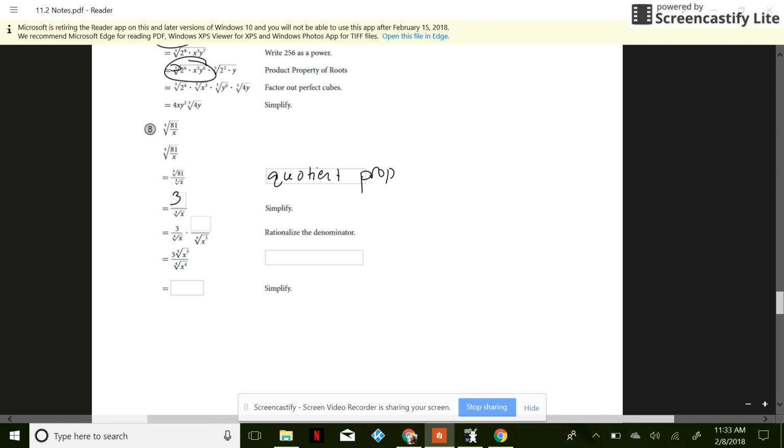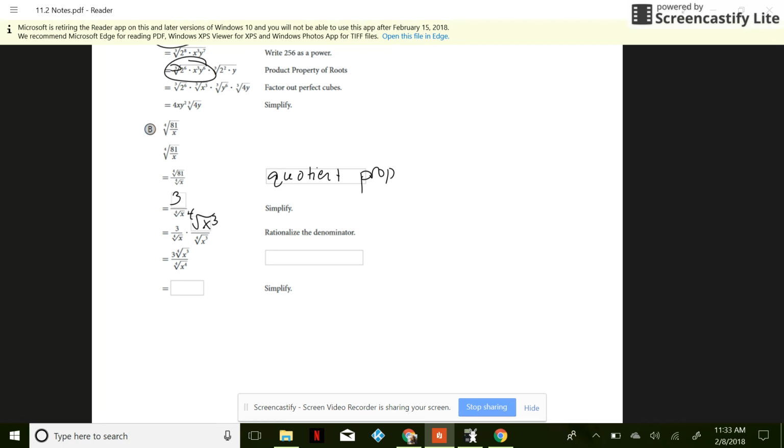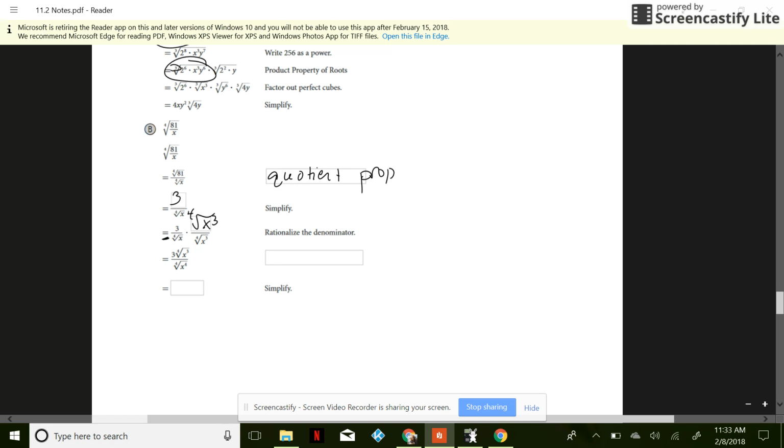Now, we're going to be doing some rationalizing of the denominator. So when you rationalize the denominator, the key thing you're looking for, you want to multiply by something that will have a power that is easily reducible based on what your root is. So in this case, our denominator is the 4th root of x.